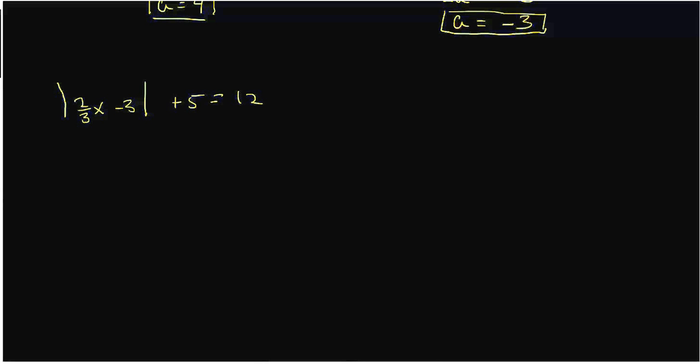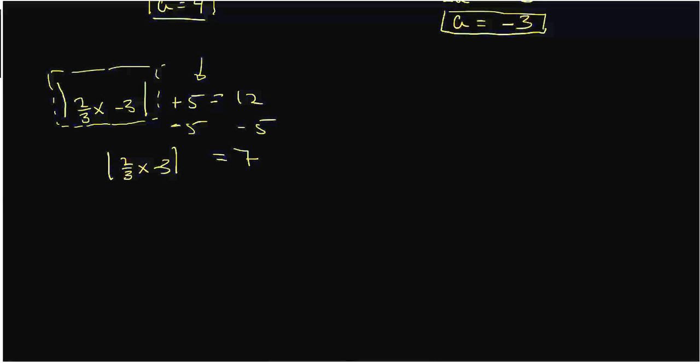Well, first of all, we need to isolate our absolute value part, eliminating this 5. So we subtract 5 from both sides. Then the absolute value of 2/3 x minus 3 is equal to 12 subtract 5, which is 7. And again, we can say that this quantity is 7 units away from 0.